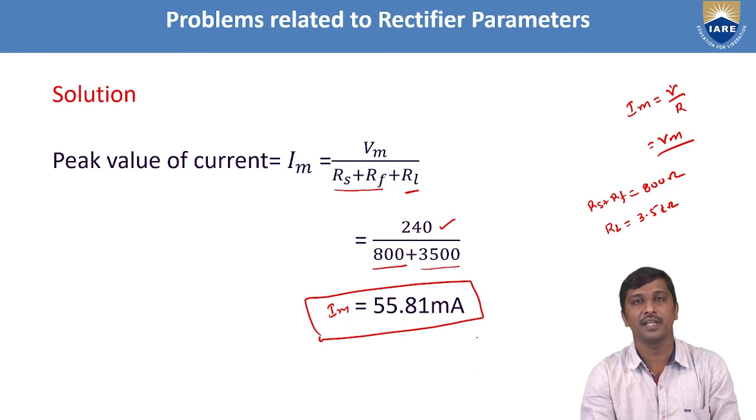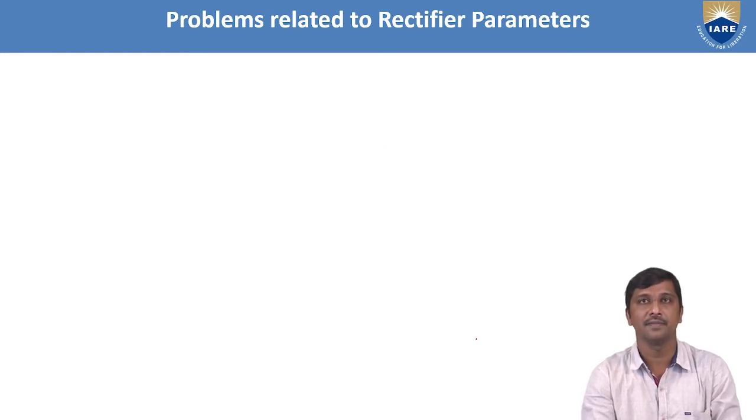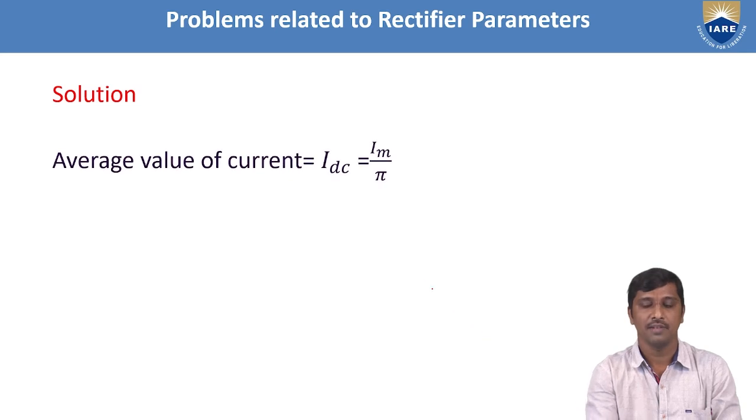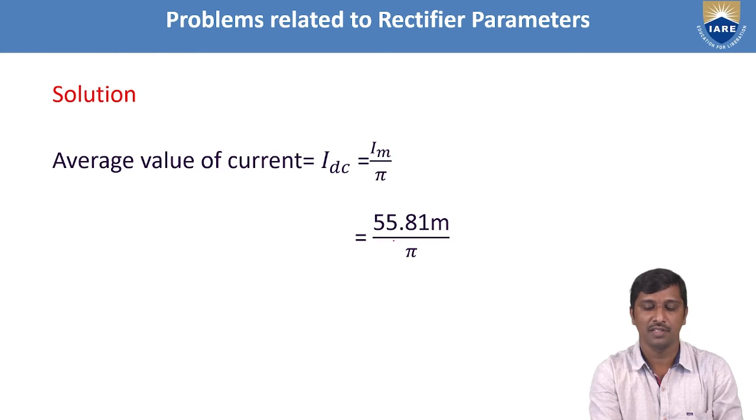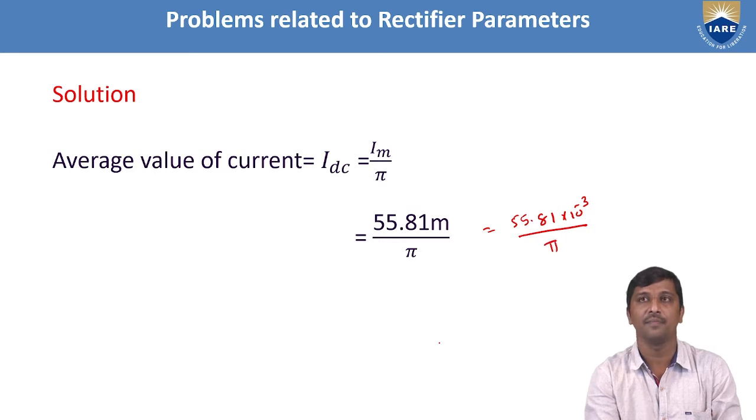Now we are going to calculate the average value of current, represented as IDC. We know the relation is IDC equals Im by pi. We have just got the Im value, so we can substitute it: 55.81 into 10 to the power of minus 3, divided by pi.